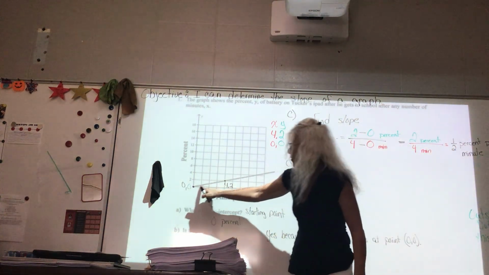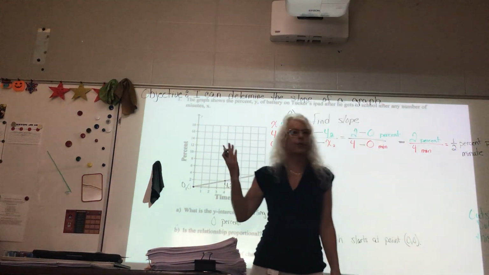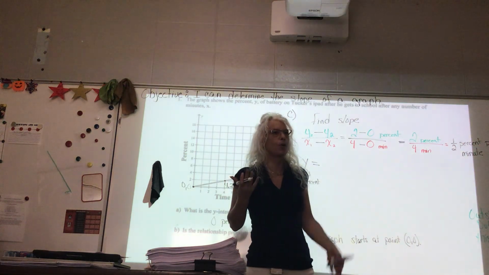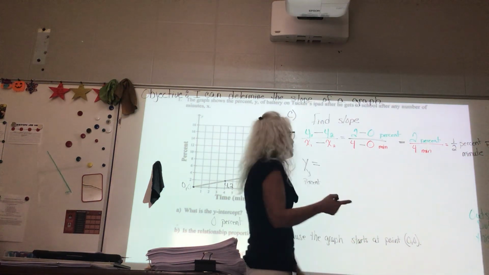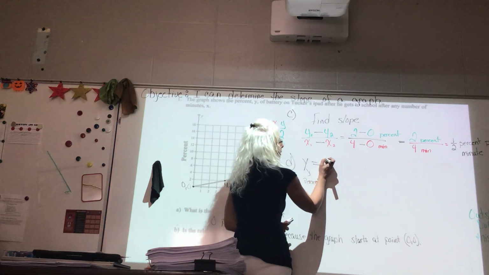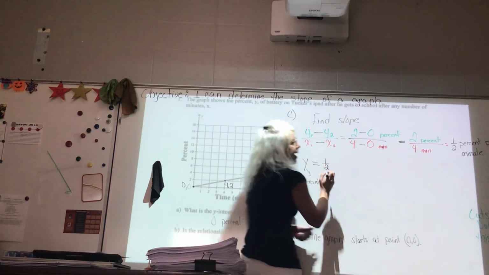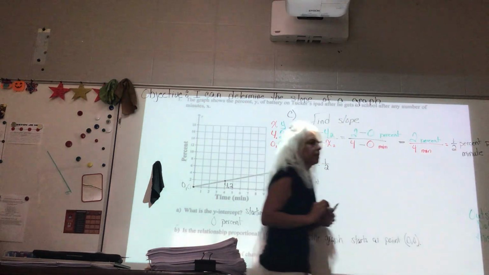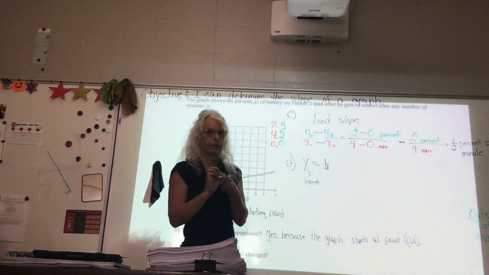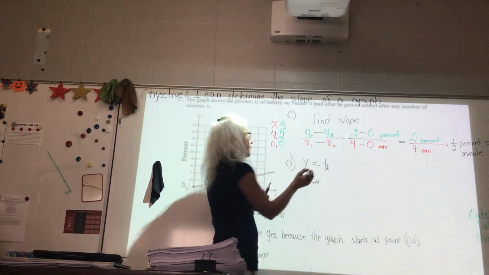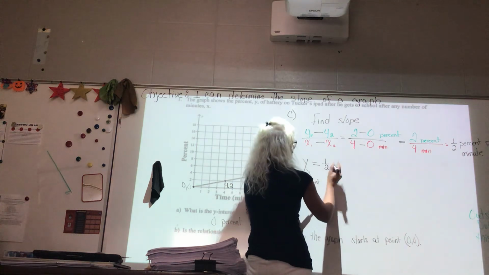Positive, and is the graph going up? So what do you think he's doing to his iPad? Do you think he's using it or charging it? So the percent on his iPad is increasing by 1/2%, how often? Per minute.